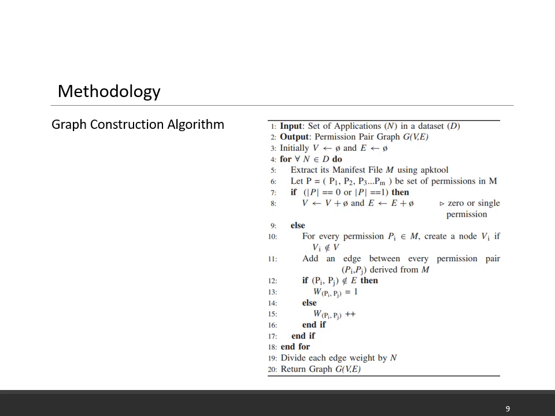For example, if we have an application with three permissions, we have three different pairs. After we process all of the apps in the dataset, we divide all the edge weights by the total number of apps in the dataset to normalize the weights.